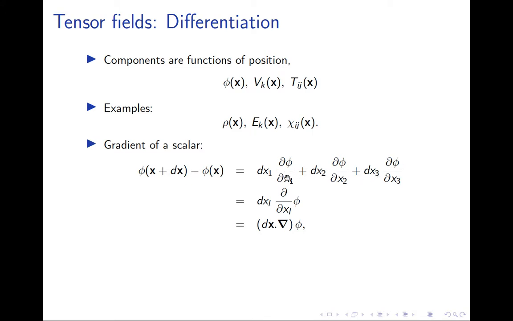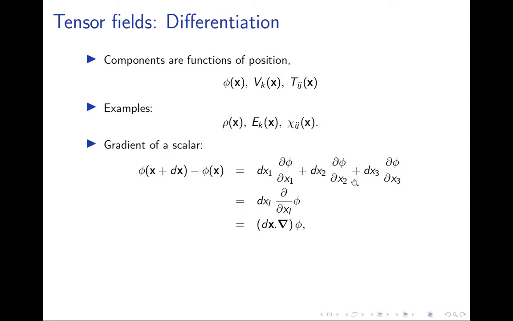So derivative times the difference, partial derivative, second order, second component times this, and third times this, right? Third change in the third coordinate times the partial derivative in the third component. So this is the linear term in the Taylor expansion of this quantity.